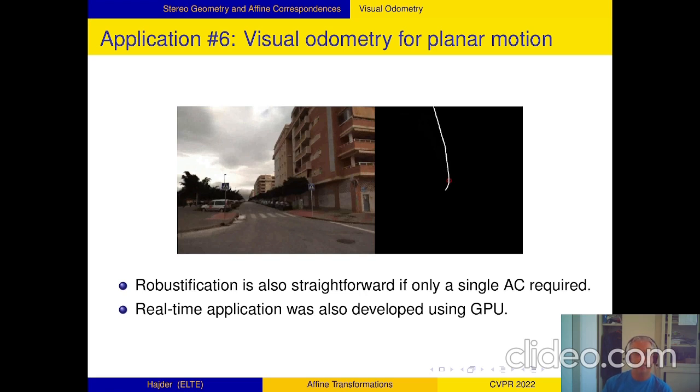So the whole image has to be processed, and a global algorithm is needed, while here a single affine correspondence is enough. From local information, the camera pose can be computed.